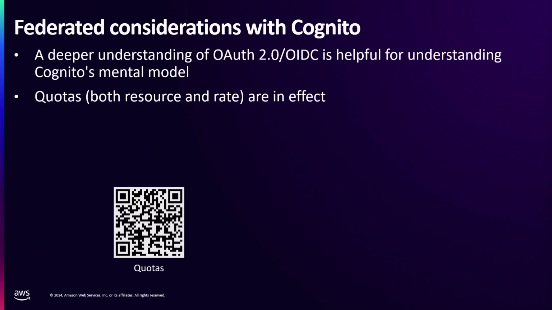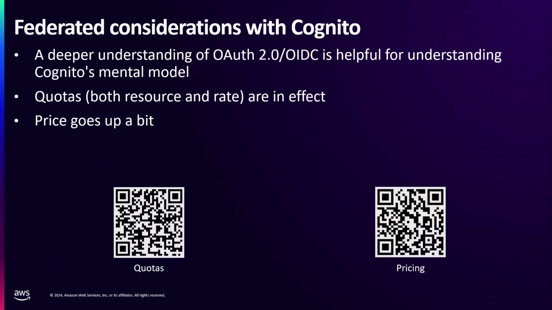Quotas, both resource quotas and limits, are in effect. So make sure you plan for those in your architecture. The docs there are going to link you right to those quotas. Certain number of user pools per region, certain number of app clients per user pool, that kind of thing.